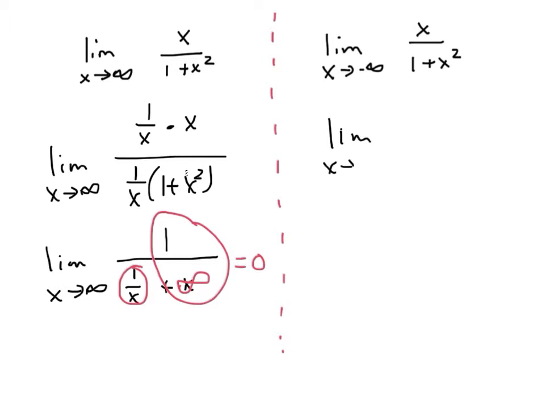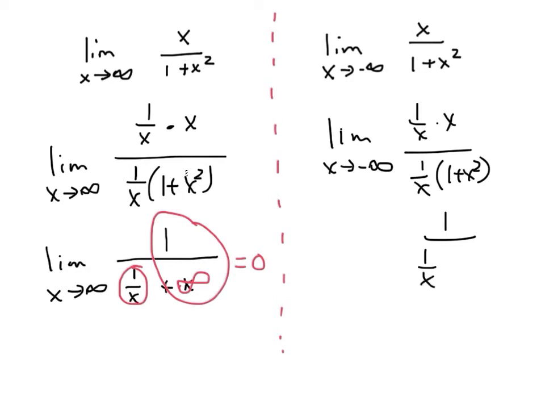We've got the limit as x approaches negative infinity. I'll do 1 over x here, 1 over x here, 1 plus x squared. And again, when we distribute this, we get 1 over x plus x. We're sending x to negative infinity this time.